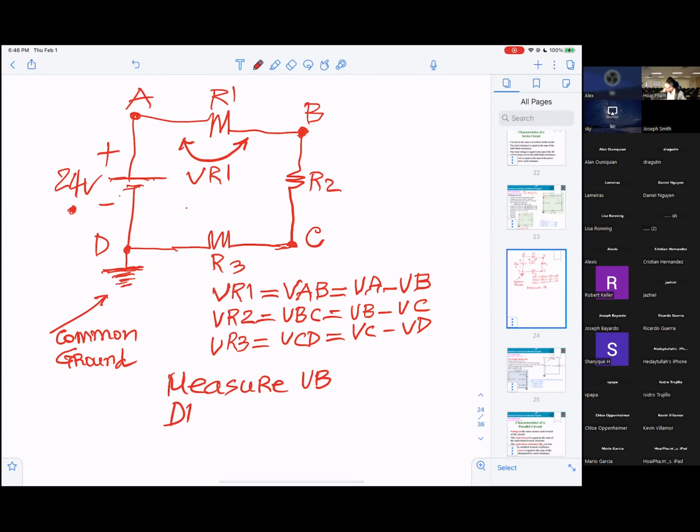Later on you'll see the DMM, positive and negative.